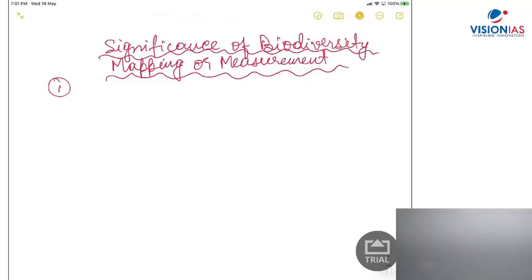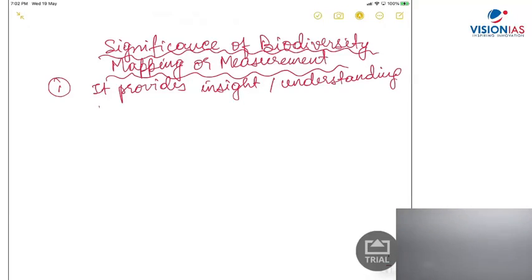The first part is that it provides insight or understanding of biodiversity of a geographical area.